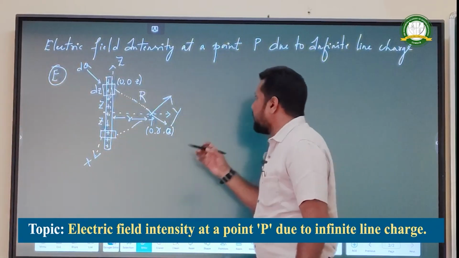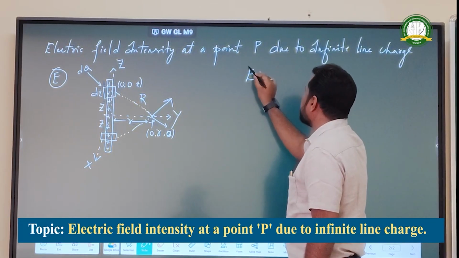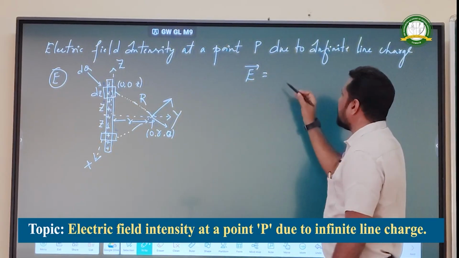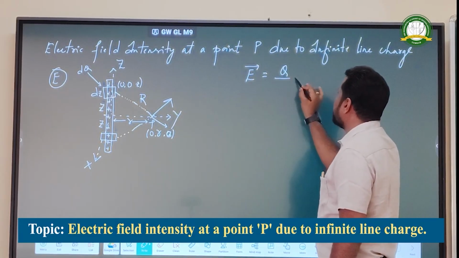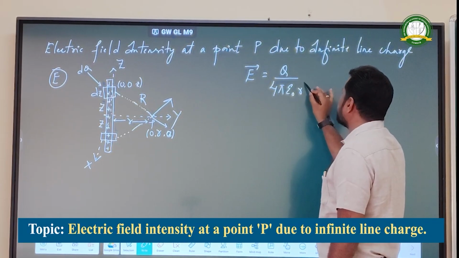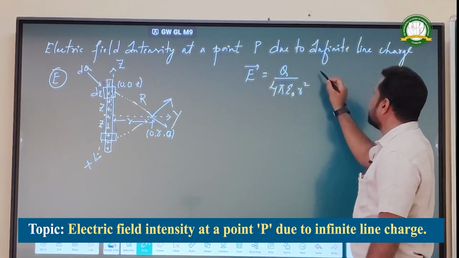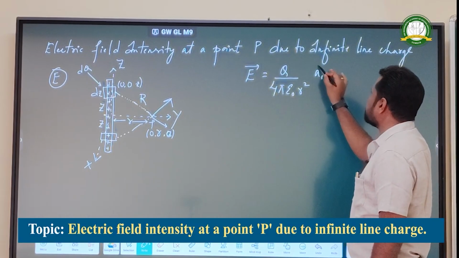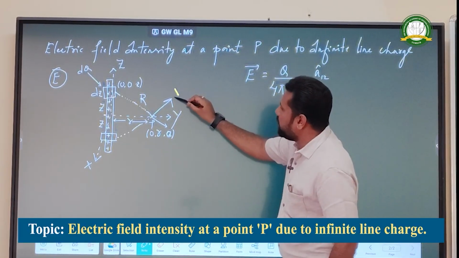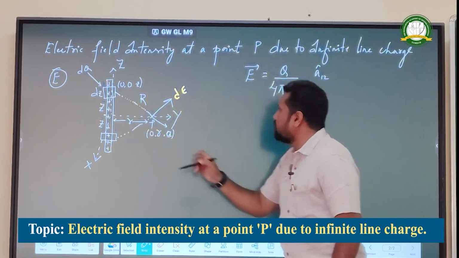As we know, the electric field intensity E vector at a point P due to a single point charge is given by E vector is equal to Q divided by 4 pi epsilon naught r square, where r is the distance between the point P and the single point charge, and into unit vector. So here we are getting a small differential electric field dE due to this small differential segment dz.